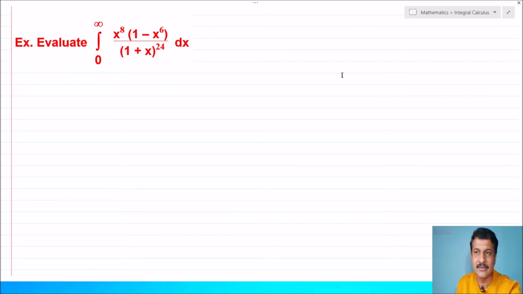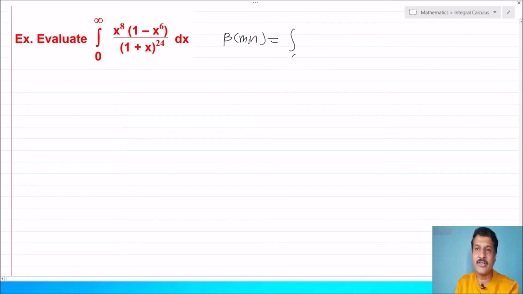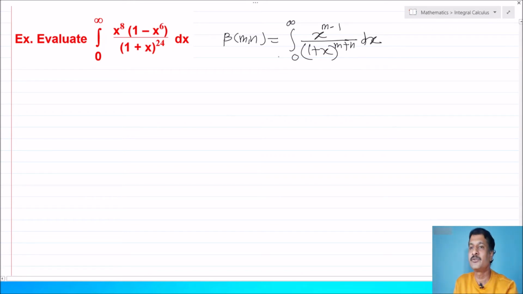What is that? As the definition of beta function, integration 0 to infinity x raised to m minus 1 upon (1 plus x) raised to m plus n dx. So note that here the first means m is the power plus 1, and once we get m, then this power minus m, I will get n, the second number.